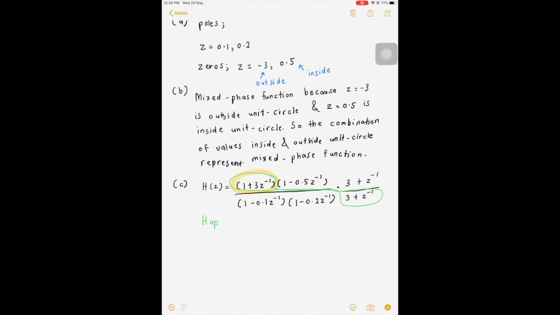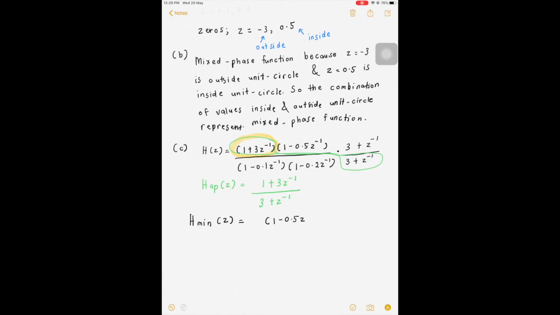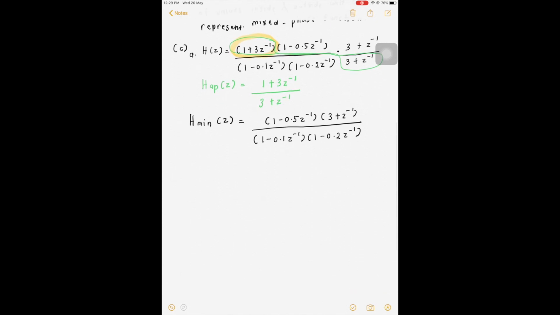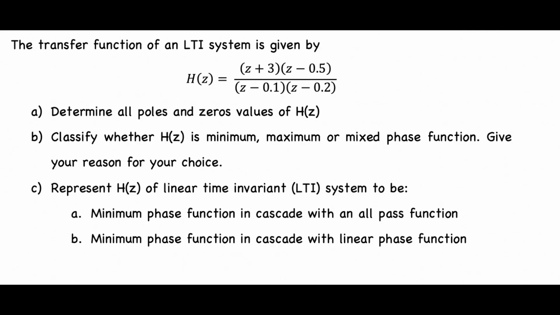So basically we know that H all pass of z is equal to 1 plus 3z minus 1 over 3 plus z minus 1. So the remaining function is... okay, done for C(a).